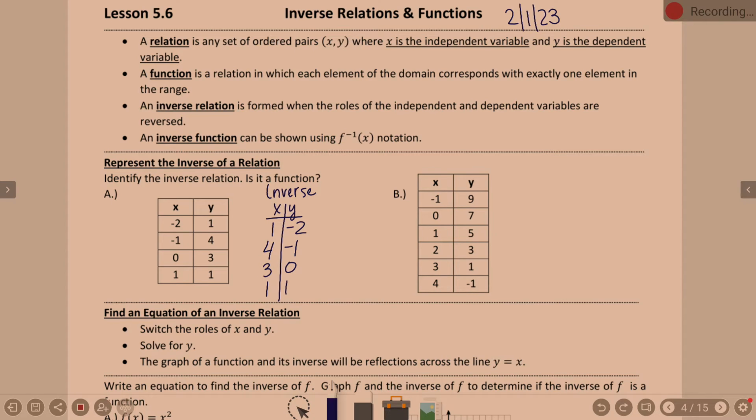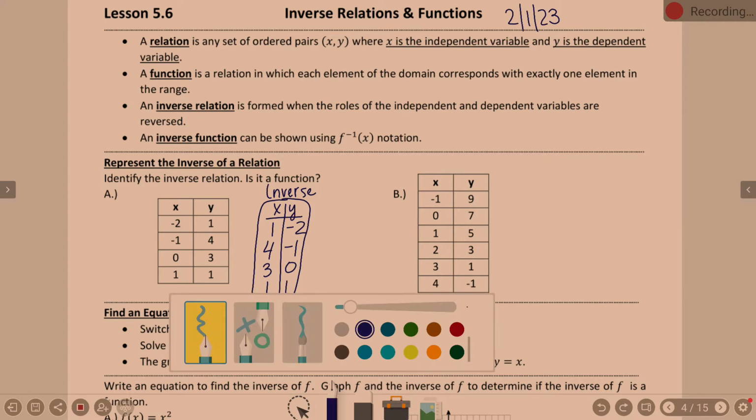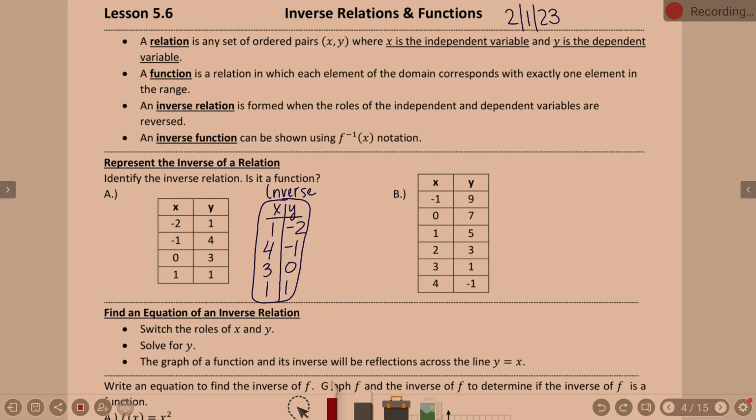Okay? So that is your inverse relation, taking your x's and y's and switching them. In homework, I don't know if they have you fill in any tables or if it's more of an ordered pair thing, where if they give you the ordered pair 2, 3, you give the ordered pair back of 3, 2.